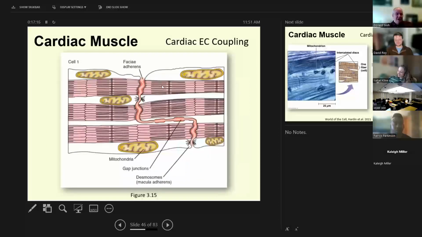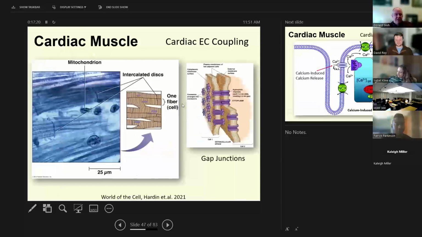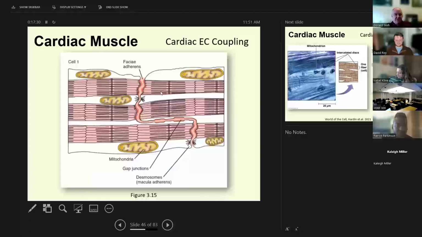Okay, and what makes that possible is the connections here between these cardiac cells. Cardiac cells are kind of smaller. They're smaller than skeletal muscle cells, and they're kind of boxy, and they're attached to each other by these intercalated discs, which are really strong connections between the cells, because they're gonna undergo a lot of mechanical stress.